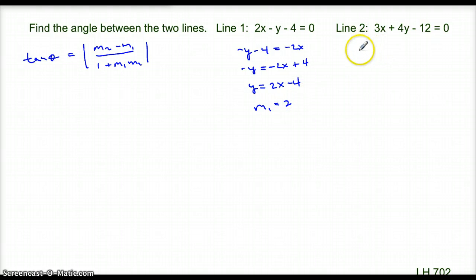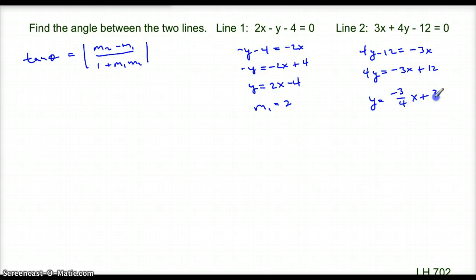Doing the same thing here: 4y minus 12 equals negative 3x, subtracting 3x from both sides. Adding 12, I get 4y equals negative 3x plus 12. Then dividing by 4, I get y equals negative 3/4 x plus 3, and m2 is equal to negative 3/4.